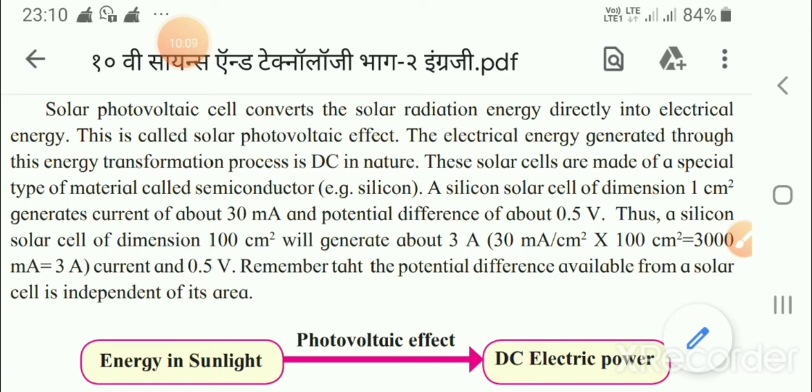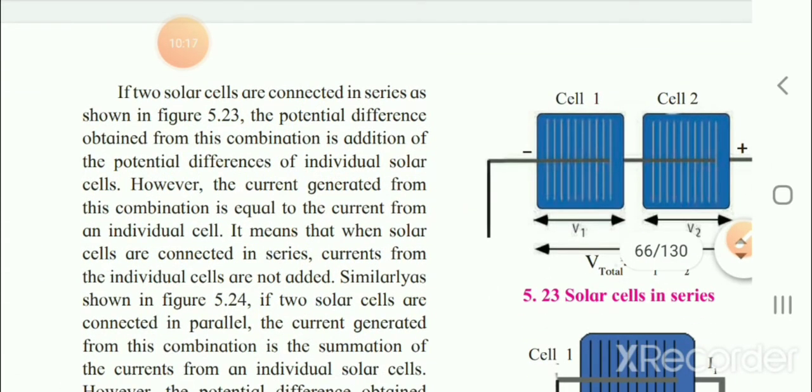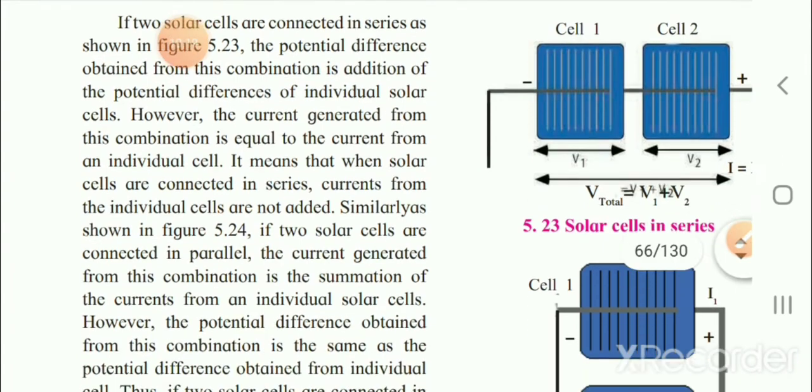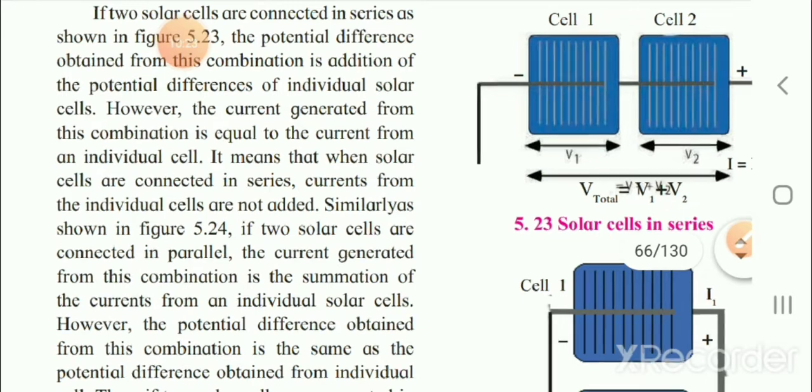Now let me tell you that if we take two solar cells, they can be connected in series. Here you can see, children, there are two ways to connect these cells.